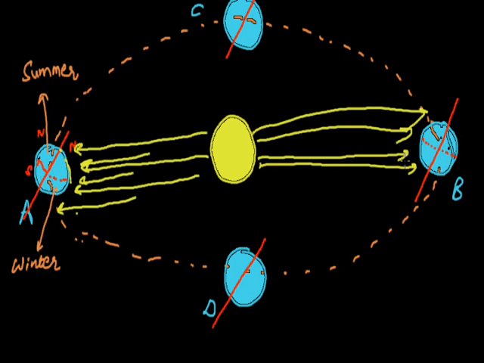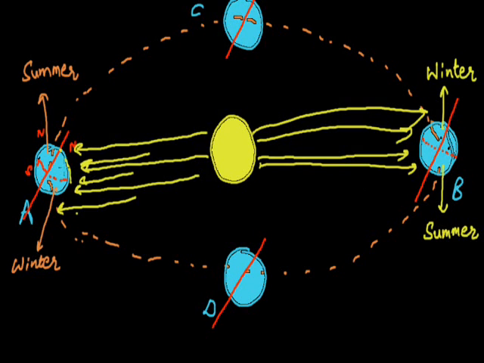So the heat and light content is gained more by the southern hemisphere, and that's why here the summer is in the southern hemisphere and the northern hemisphere has winter. India lies in the northern hemisphere, and in the southern hemisphere we can say Australia lies, and we will see that when the northern hemisphere has summer, the southern hemisphere will have winter, while when winter is in the northern hemisphere, the southern hemisphere will have summer.